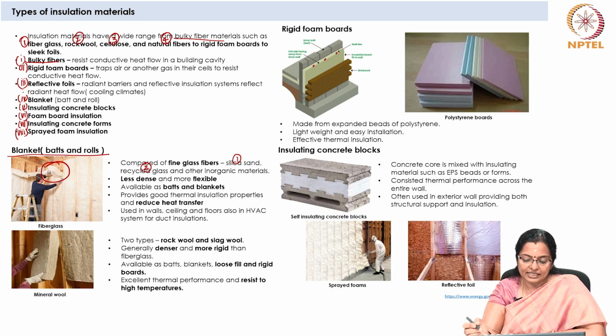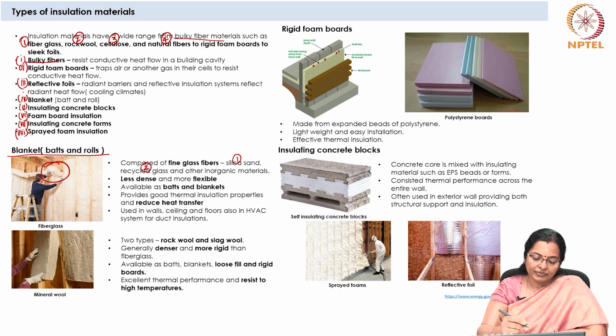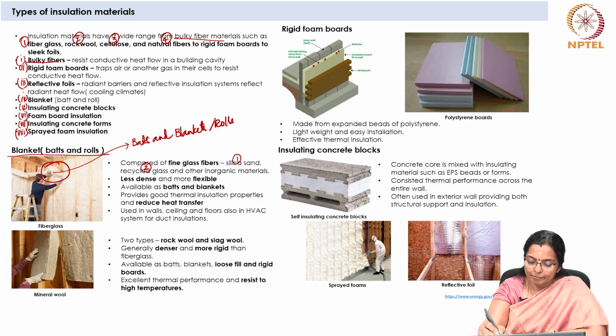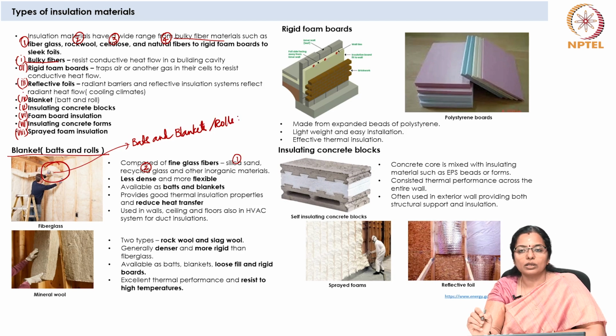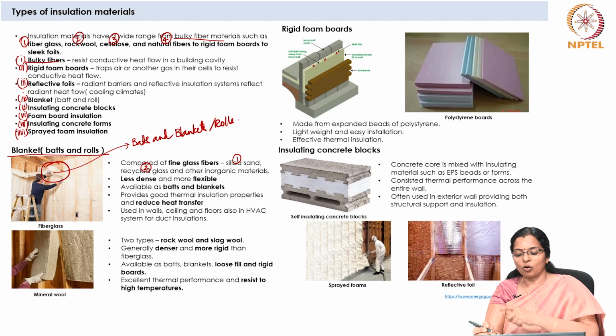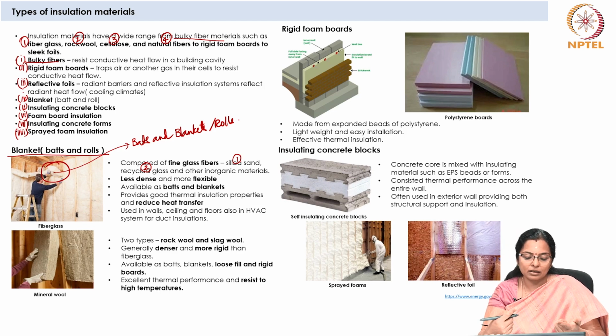They are less dense, more flexible, and they are available as bats and blankets or rolls. They provide good thermal insulation and they reduce heat transfer considerably. These can be used in walls, ceilings and floors, and also in HVAC systems as duct insulators.